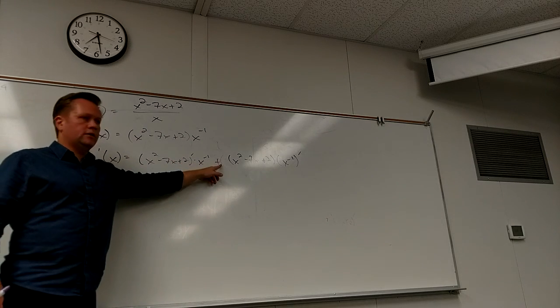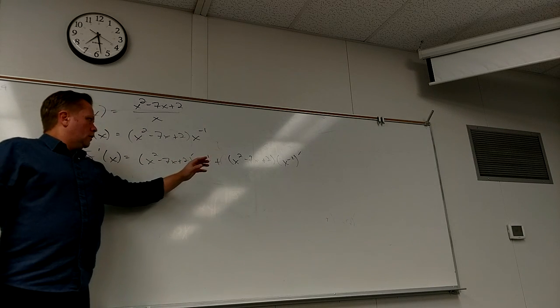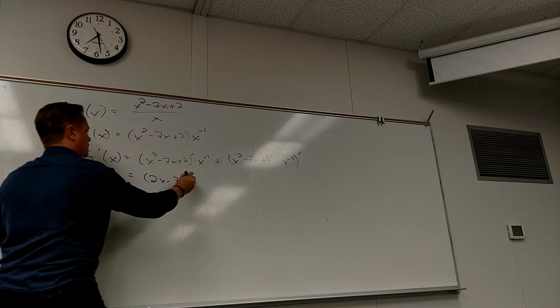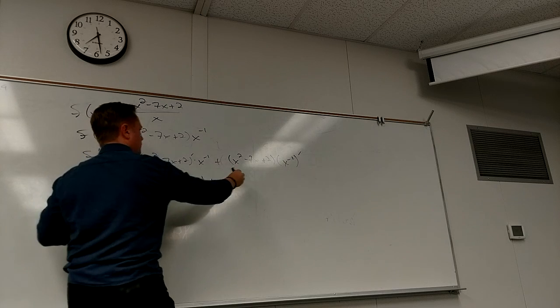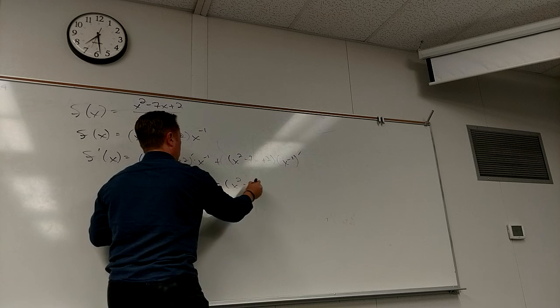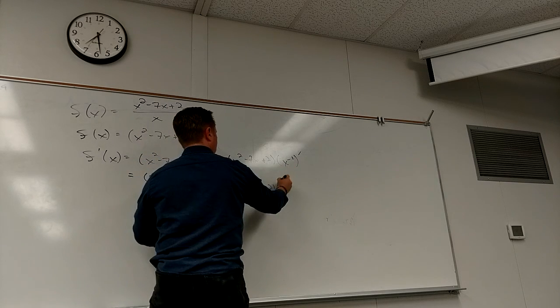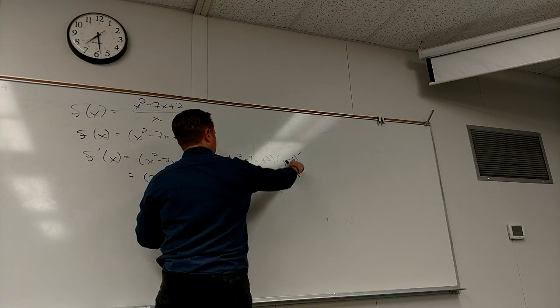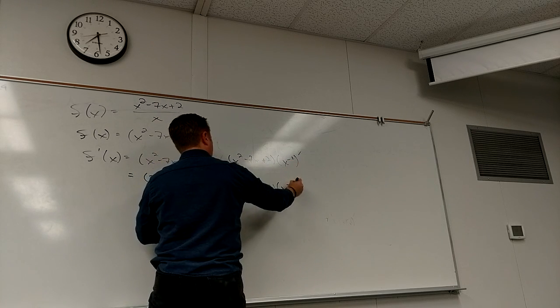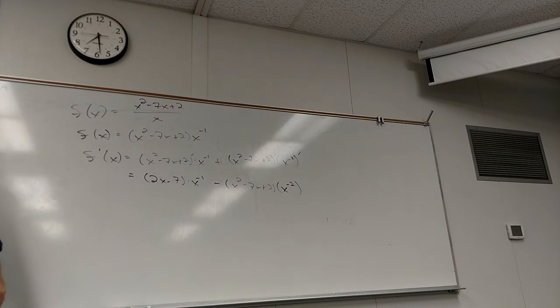But the rule has a plus there. So the derivative of this would just be 2x minus 7, plus a negative 1 comes down, so you can make it a negative. And then what's this guy do? The negative 1 comes down. Now it becomes negative 2. I like it. And then you can do some more stuff with that.